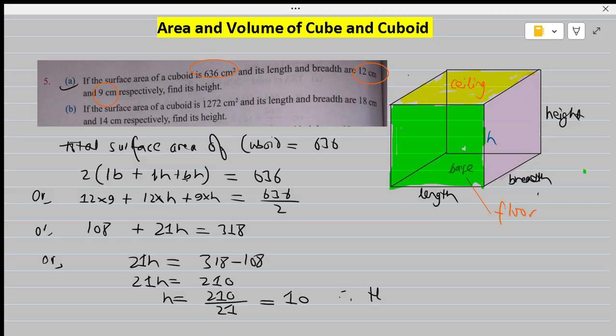Therefore, the height of the cuboid is equal to 10 centimeter. Done. So A I did, and B is very same as A, you can do it yourself. Alright, now moving to number 6.